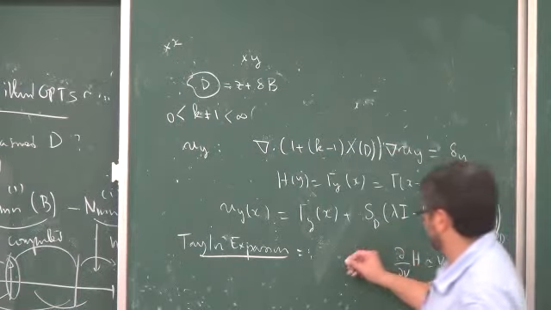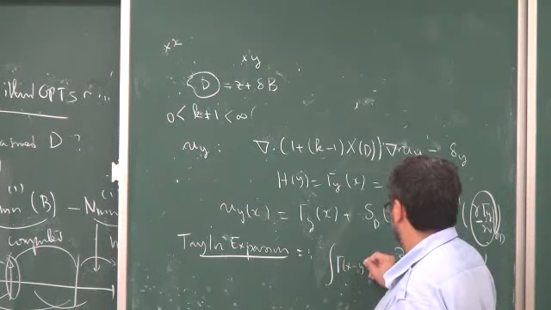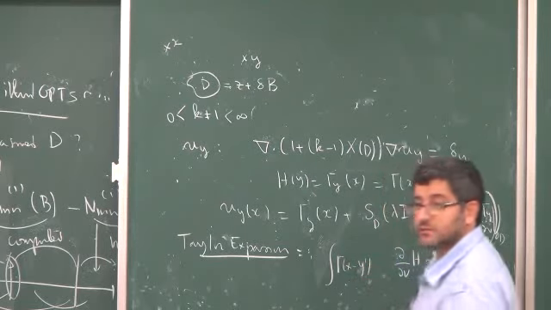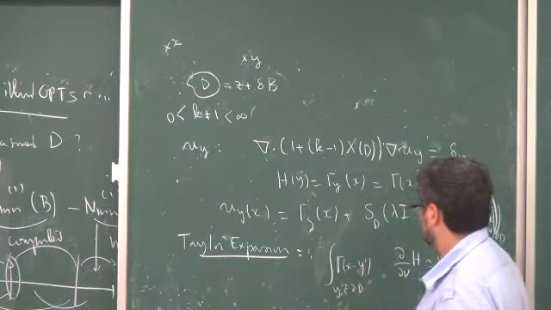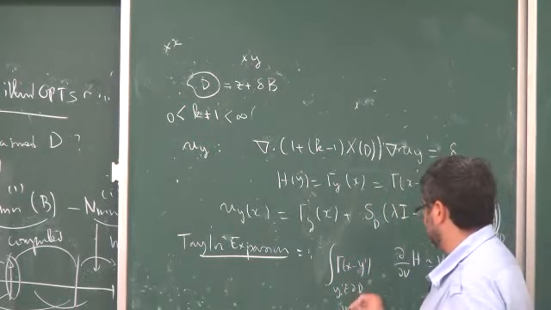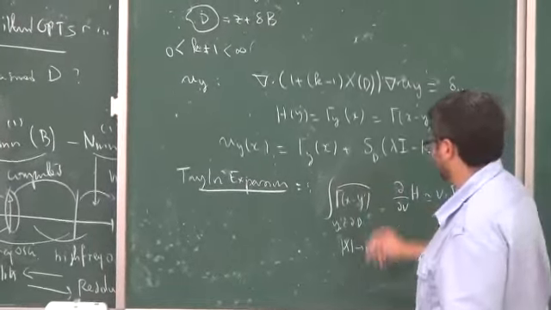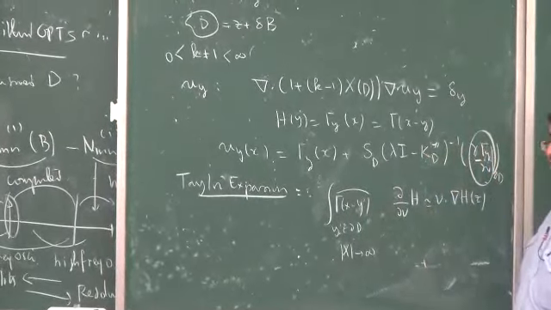And then the single layer potential here, it was Gamma of x minus y prime, and y prime is on the boundary. So I took the limit when x goes to infinity. Okay, so make the Taylor expansion of the fundamental solution when x goes to infinity.